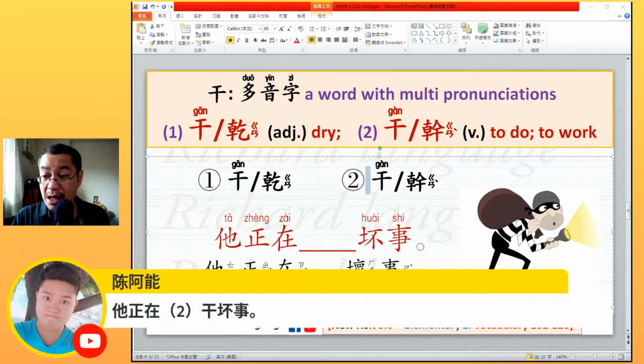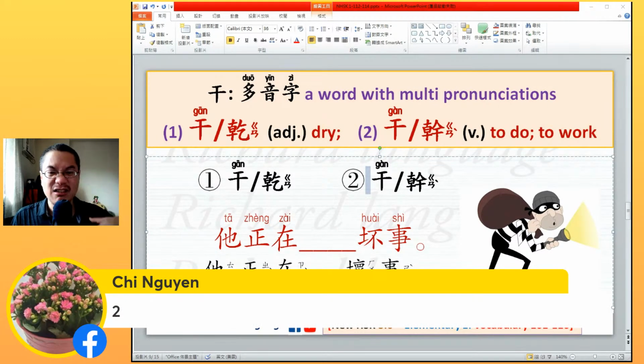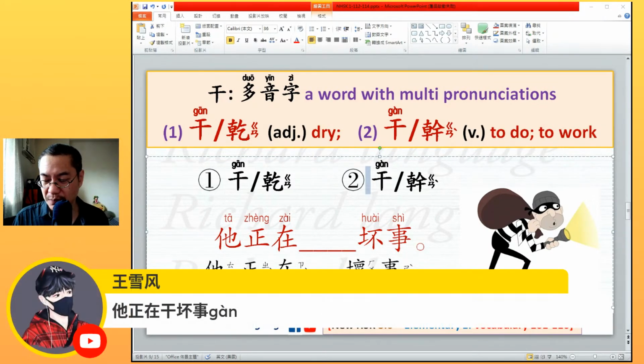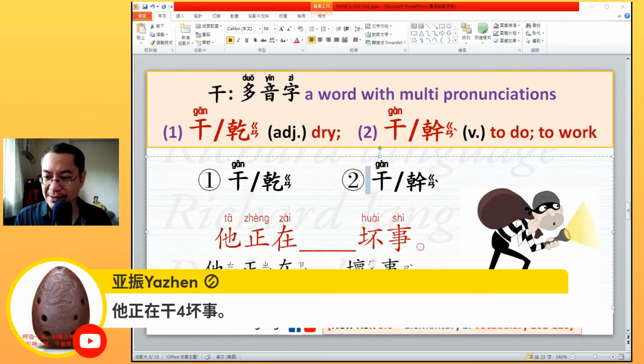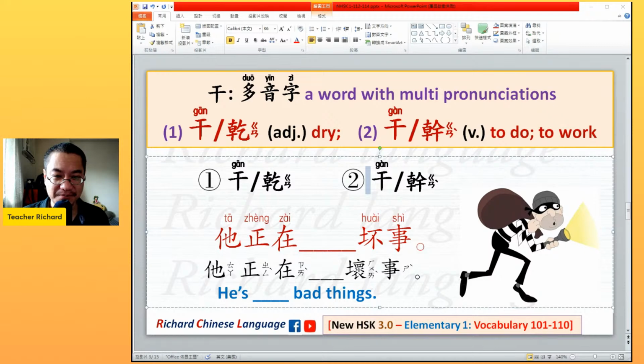Okay, what's the answer? Oh, 阿能, 他正在干坏事, which means doing bad things, right? So 干 is a verb, to do. 他正在干坏事. Good. Okay, very good. 这个葛威，雪峰，雅正，Delia，他正在干坏事. I don't know why I feel so relaxed and relieved now.